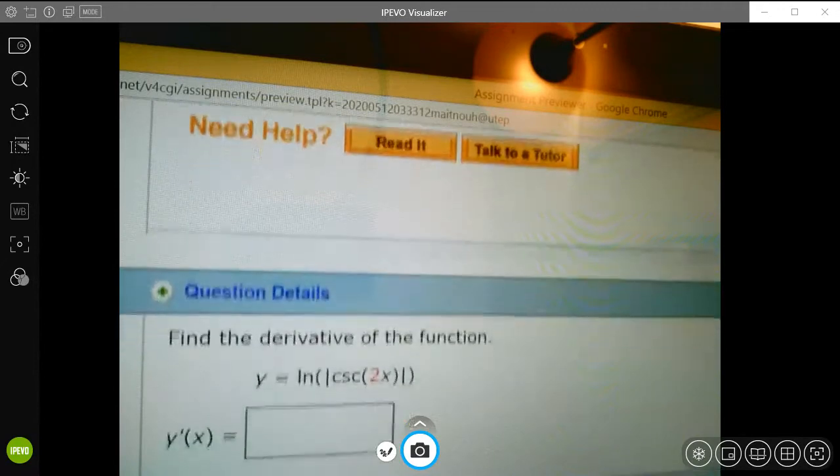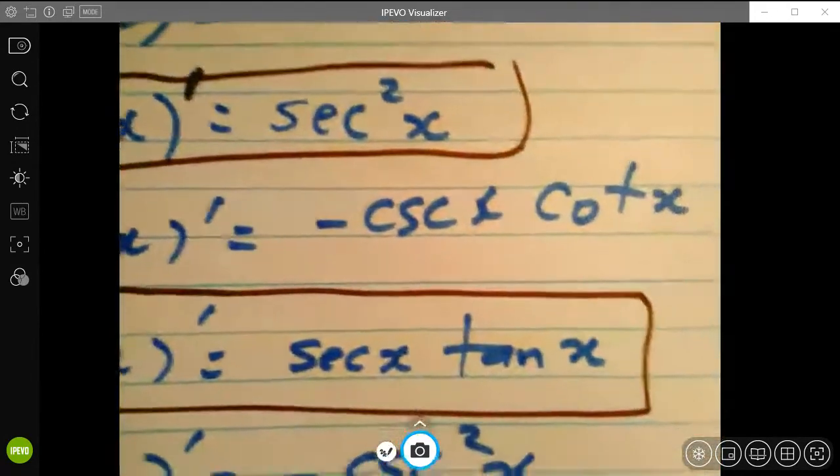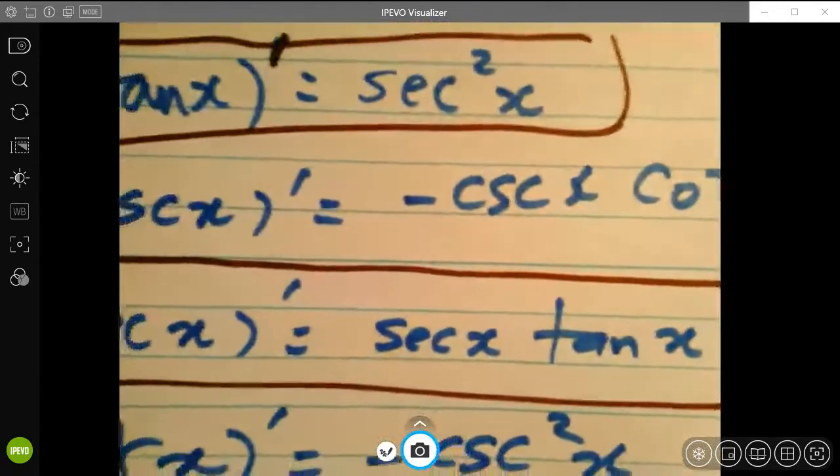Again, we can test you also on the derivative of cosecant. Remember the derivative of cosecant is minus cosecant cotangent.